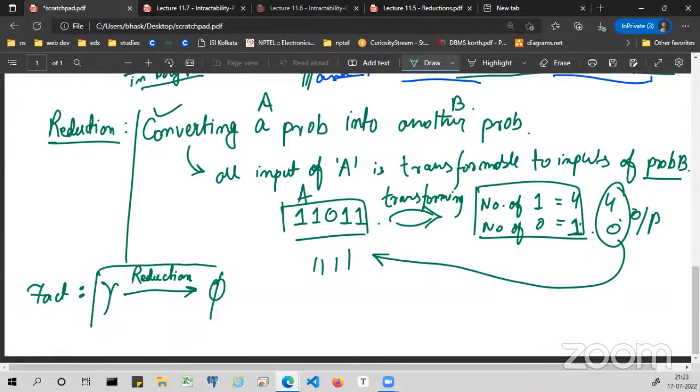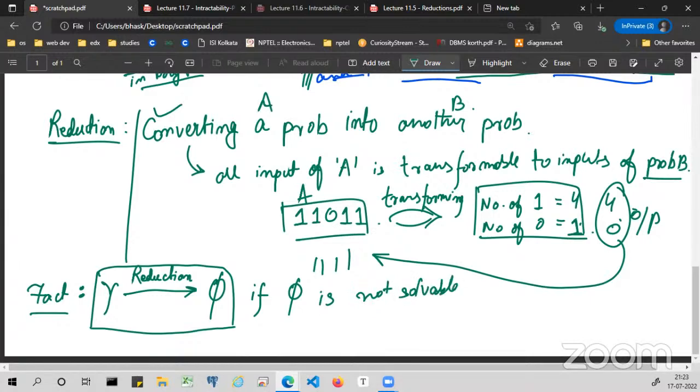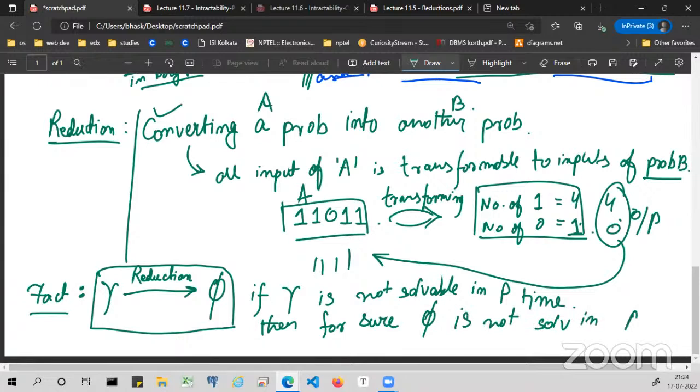So from this diagram, I can make a statement, a fact: if gamma is not solvable in polynomial time, then for sure phi is not solvable in P time, because we discussed that phi is harder, right?